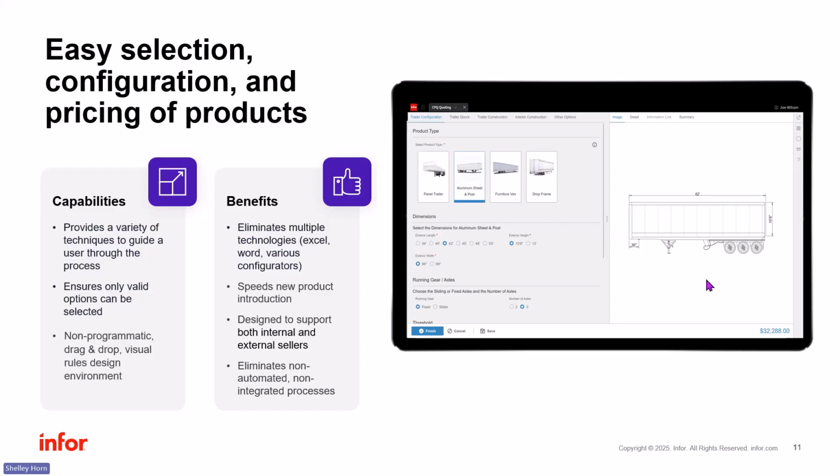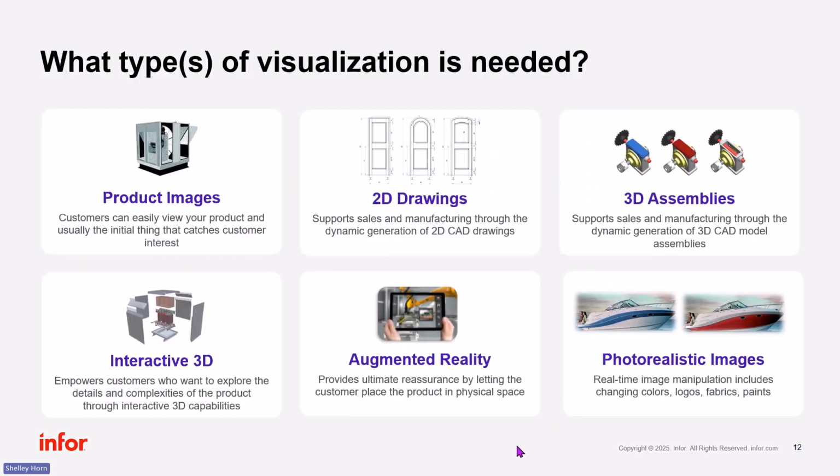So it can validate for the user that they have the right product. And also this selection process, you can set it up to where it ensures that only valid options can be selected. You can gray out different things to say, nope, they're not available. Or you can have pop-up messages that say, if you're looking for a 105 inch exterior width, you need to go to this next model number and those types of things. So you can add a lot of different logic to do this.